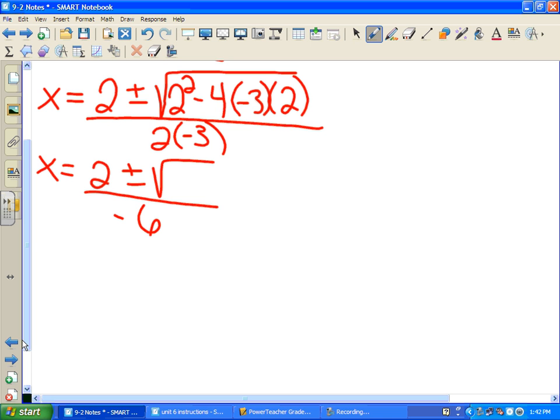And since when you square something it's going to be positive anyway, you can just ignore the negative. Anytime you square something, it's going to be positive. So if you leave off the negative sign, it won't make a difference. You're less likely to make a mistake.